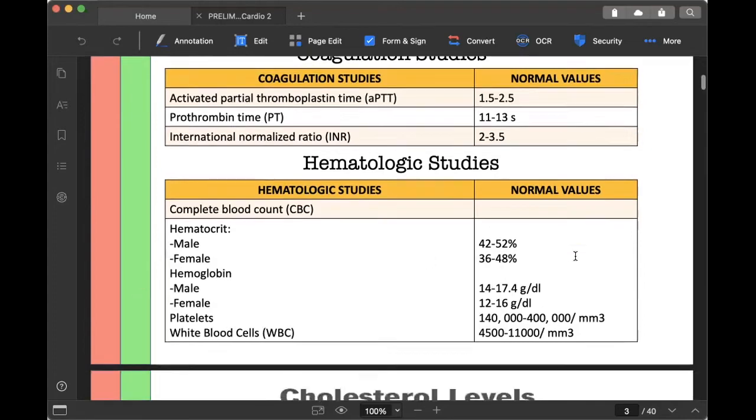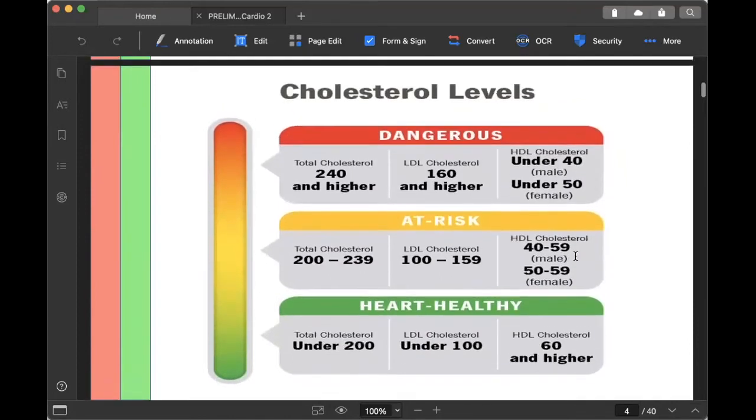Now let's move on here. How about the cholesterol level? We are all aware of the dangers of having a high level of cholesterol in our body, which can actually lead to hypertension, and can lead to blockage in the blood vessels if there are too many deposits of cholesterol or too much deposit of fats.